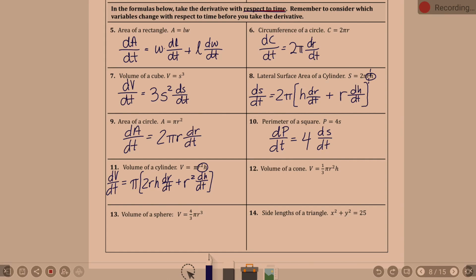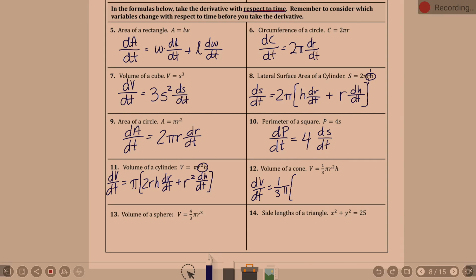Okay, what about 12? Same thing. Could you take the constant out front if you want? Yeah, the constant going out front is the 1/3 pi. Keep in mind, 1/3 pi is the same as pi over 3.